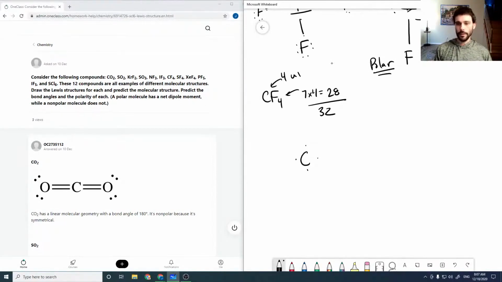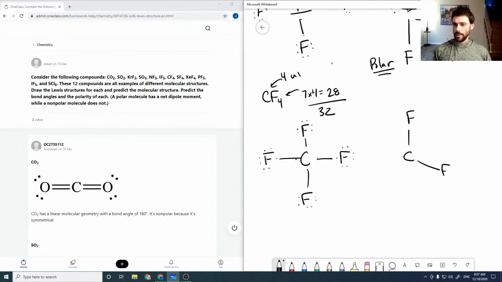And here again, we have something more akin to what we're used to. Where these guys should all bond together. And so this is going to give us our tetrahedral CF4 structure.